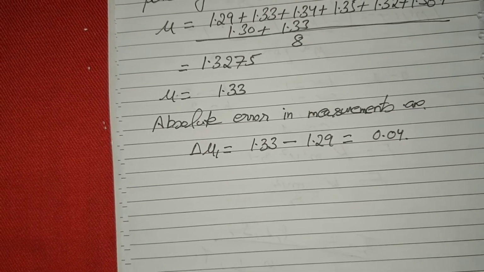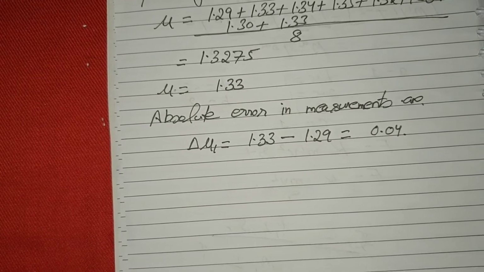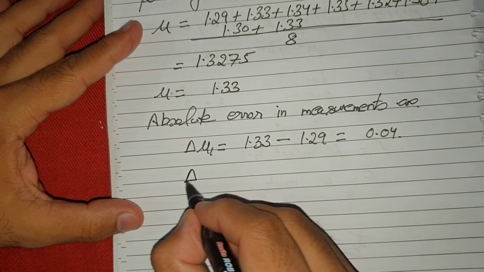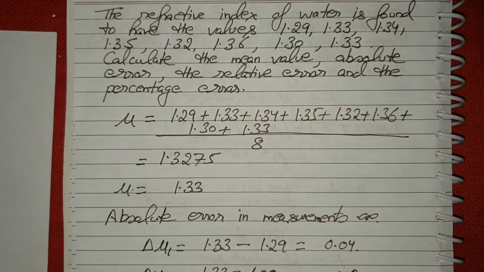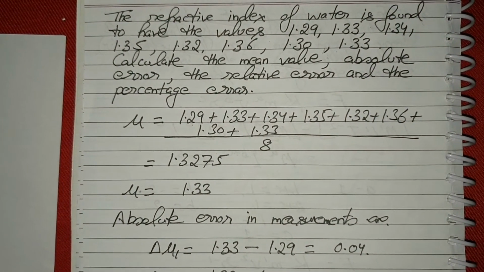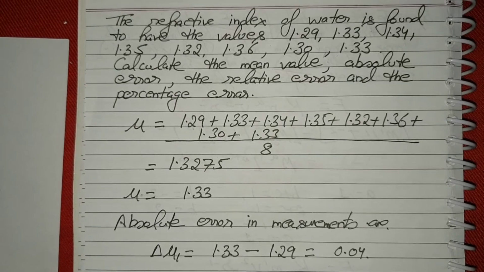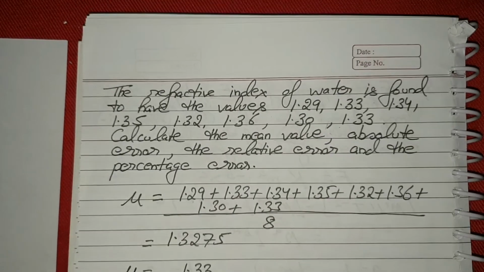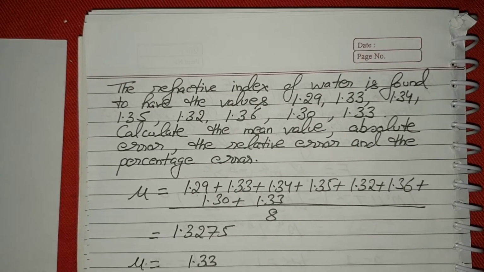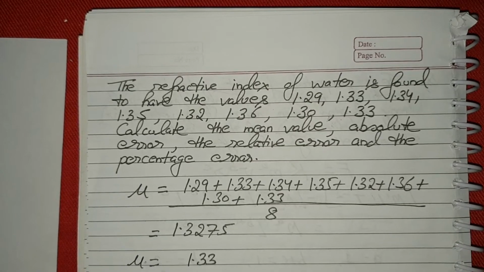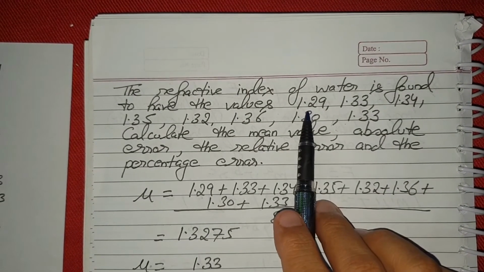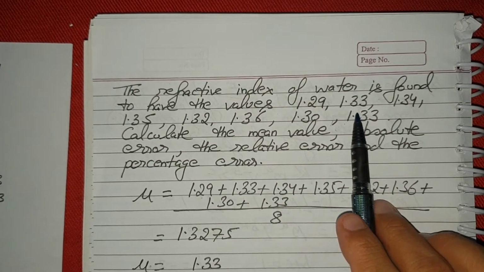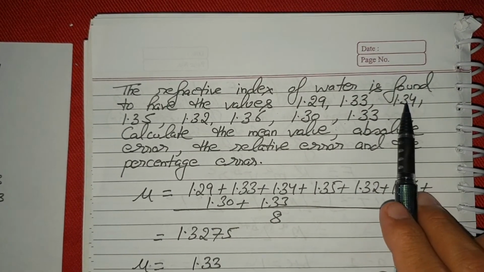So delta mu 1 is here, and there are up to delta mu 8. As I told you, the absolute errors in the measurements are represented by delta mu 1, delta mu 2, delta mu 3, and so on: 1.33 minus 1.29, 1.33 minus 1.33, 1.33 minus 1.34.